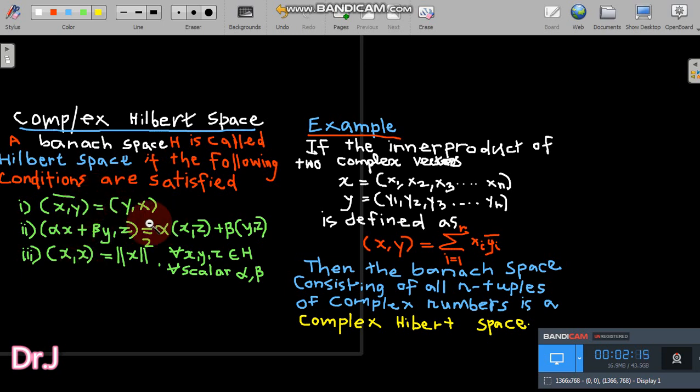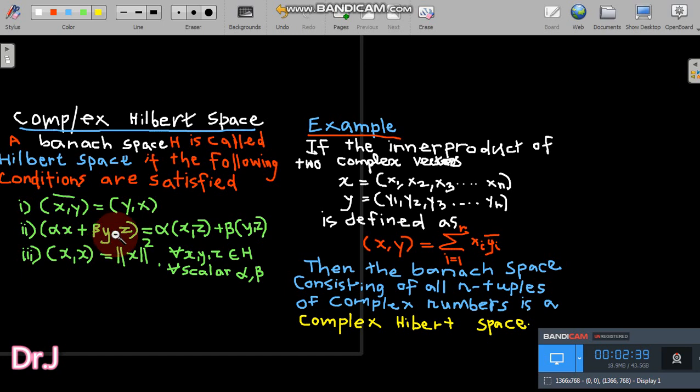The first one: the conjugate of the inner product of x comma y must be equal to y comma x, the inner product of y and x.